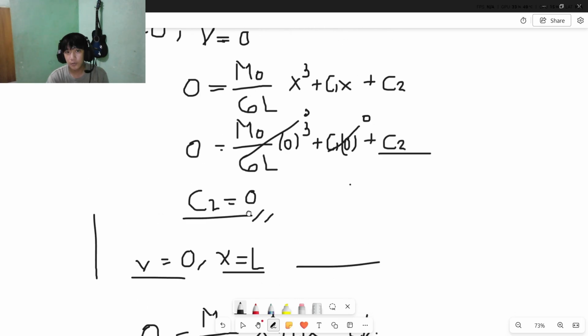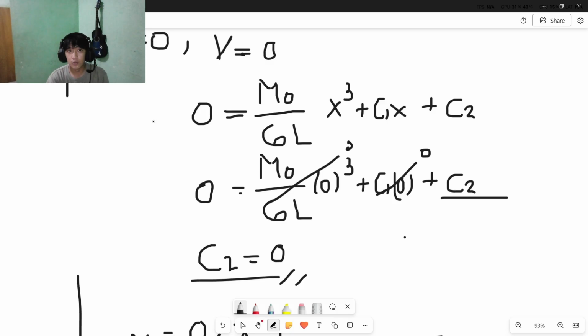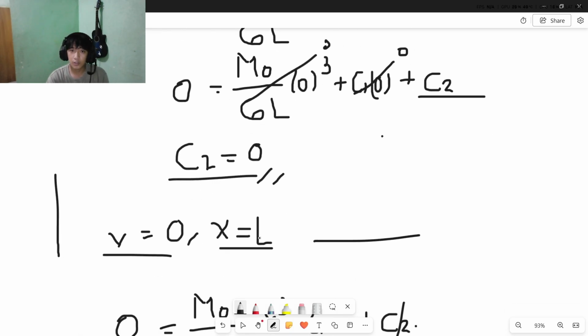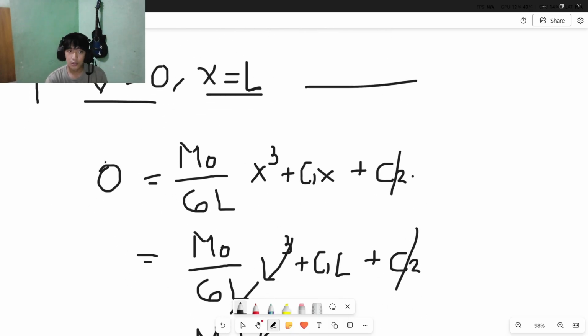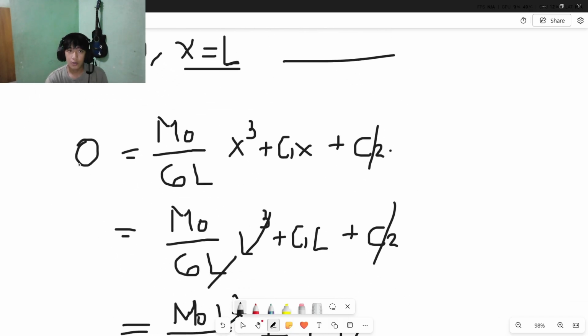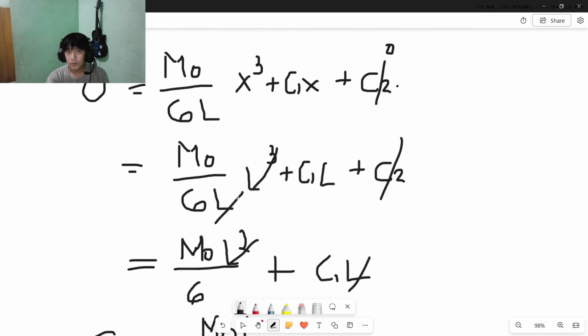And then for our second boundary, we still set our displacement at 0, but now we set our x as L, the length of the beam. So we get 0 is equal to M sub O over 6L times x cubed again plus C1 times x, and then our C2 just cancels, since our value here is 0.